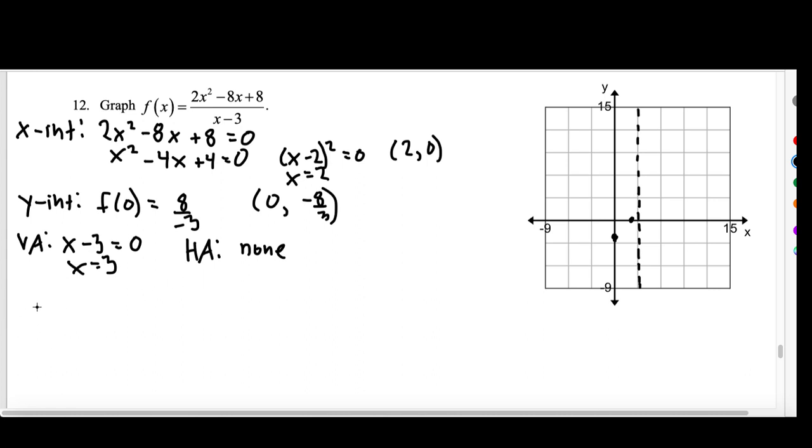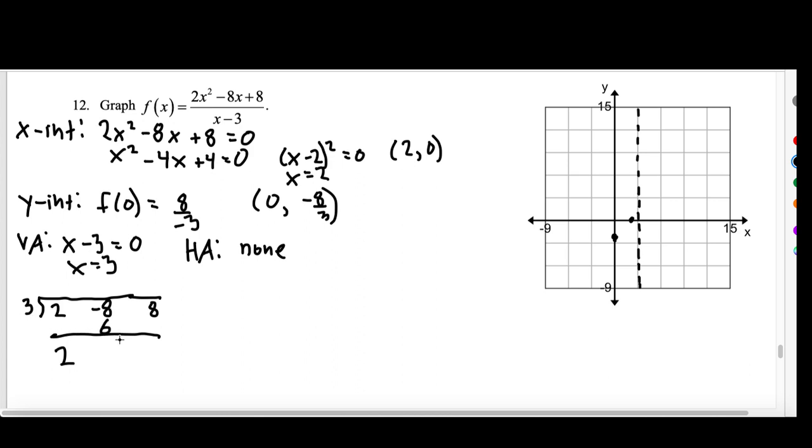And in this case, we can actually do synthetic division because the denominator is a linear term. So the number being subtracted from x is 3. My coefficients are 2 for the x squared term, negative 8 for the x term, 8 for the constant term. Bring down the 2. 2 times 3 is 6.